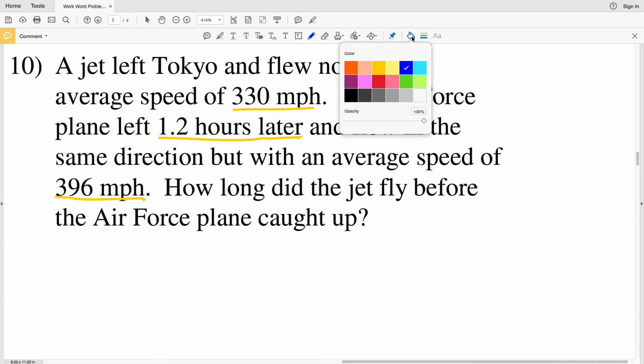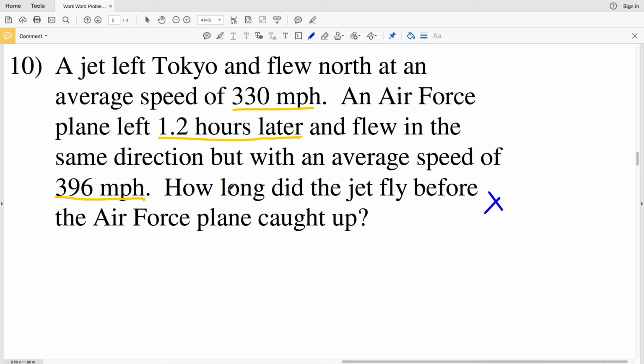So our variable, let's use x in this case, is how long the jet flew. If the jet is flying at an average of 330 miles per hour, and he traveled for some unknown time x, that's going to be equal to the speed of the Air Force plane, which we know is 396 miles per hour, and the Air Force plane left 1.2 hours later.